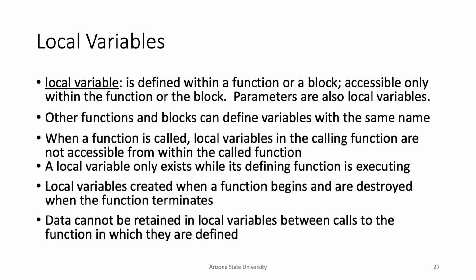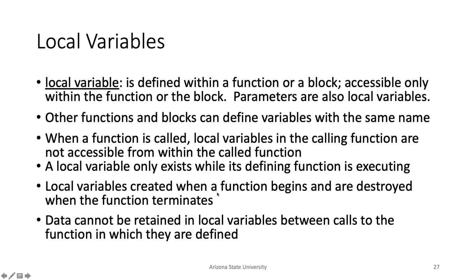If you declare a variable in a for loop, while loop, if statement, or else for that matter, those are also called local variables because they're within some scope. If you declare a local variable, you can't access that local variable outside of its scope, as you already know. So they're created when a function begins.